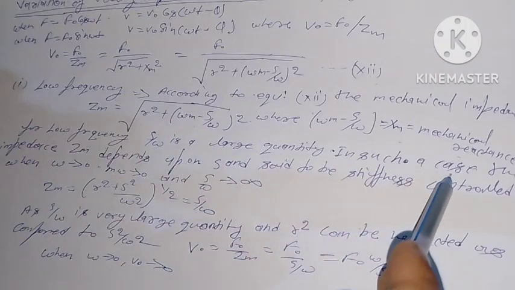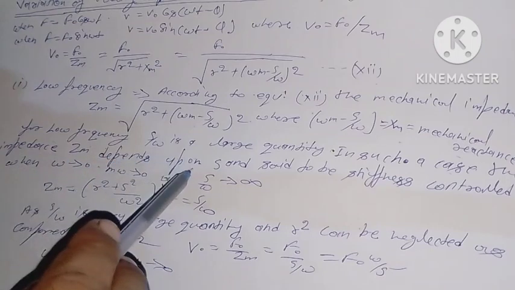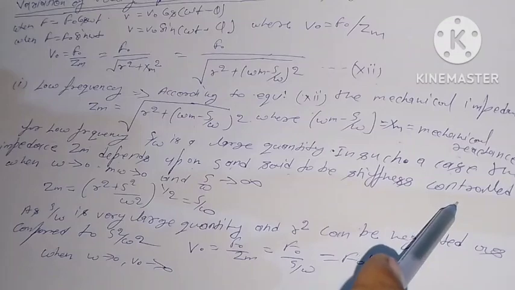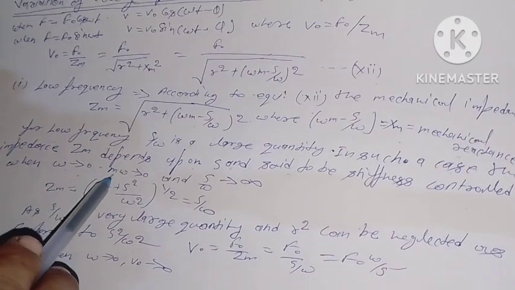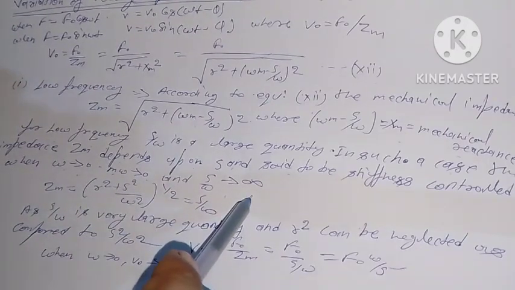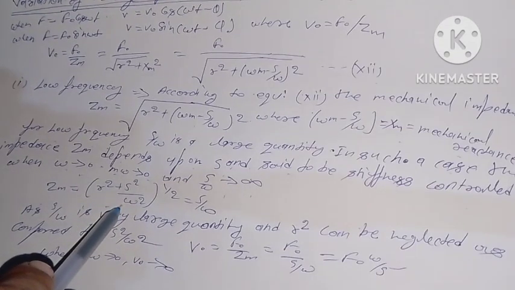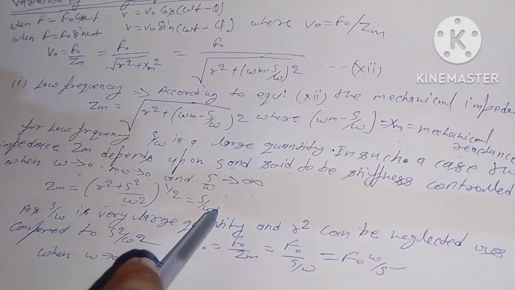In such a case, the impedance Zm depends upon s and is said to be stiffness controlled. When omega tends to 0, then m omega tends to 0 and s by omega is infinite, and Zm equal to (R square plus (s by omega) square) whole to the power 1 by 2, equal to s by omega.